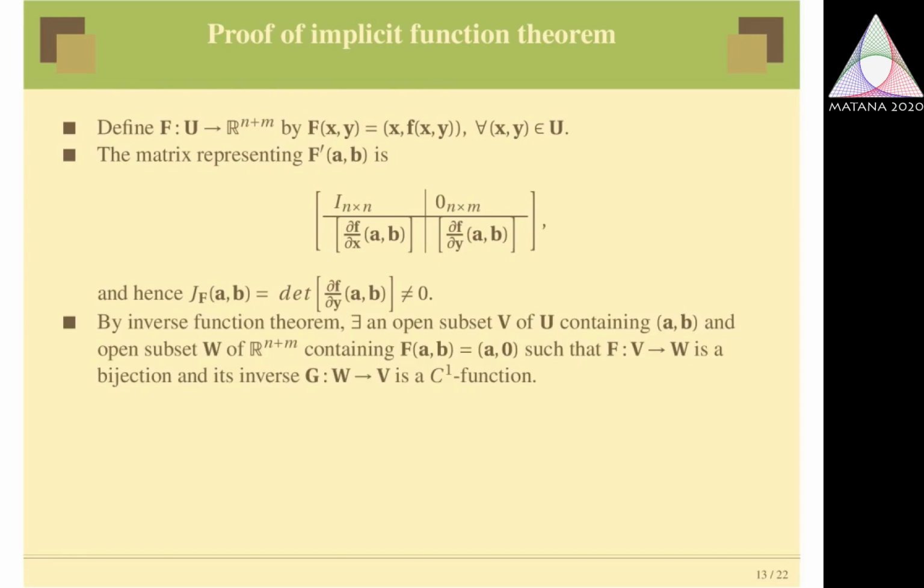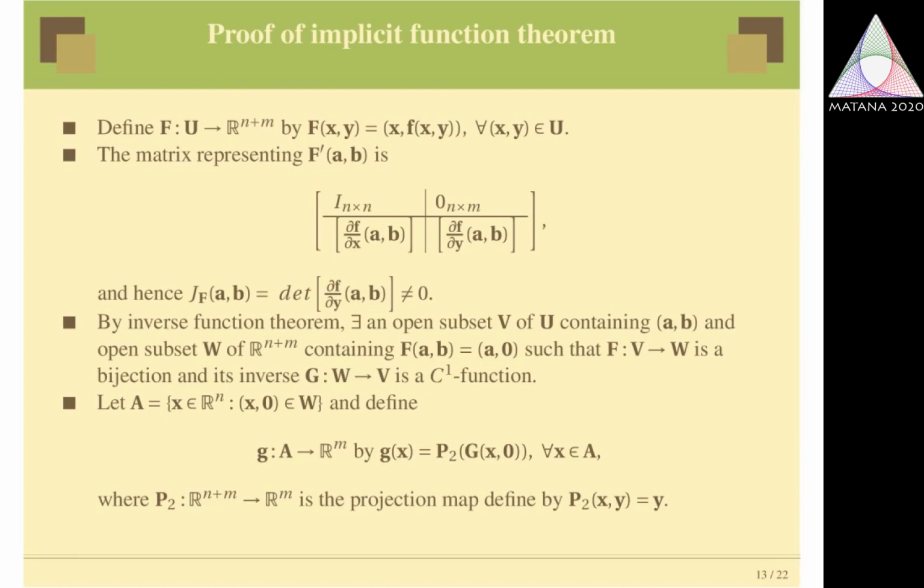Therefore, there exists an open subset V of U containing (a,b) and an open subset W of R power n plus m containing capital F of (a,b), which is equal to (a,0), such that capital F from V to W is a bijection and its inverse G from W to V has continuous partial derivatives.